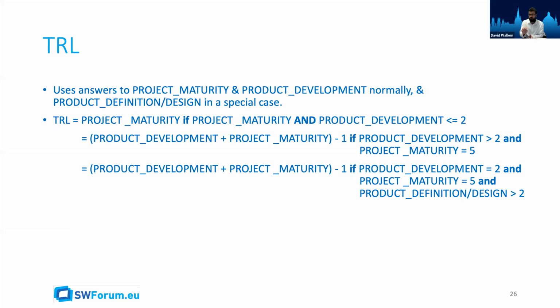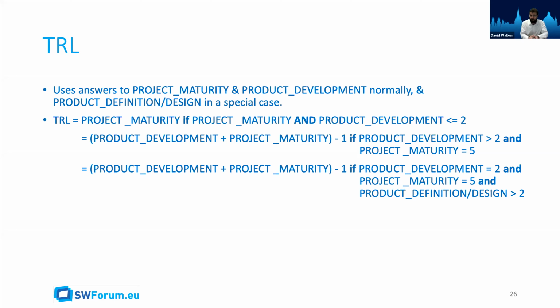That's if product development is 2, i.e. you're not that well developed as a product, and your project maturity is 5, i.e. your project is very mature, and your product definition or design is more than 2, i.e. you have a design, your product is not yet that well developed, but it is developed to some extent, but your project is very well developed, then you'll be TRL level 6.